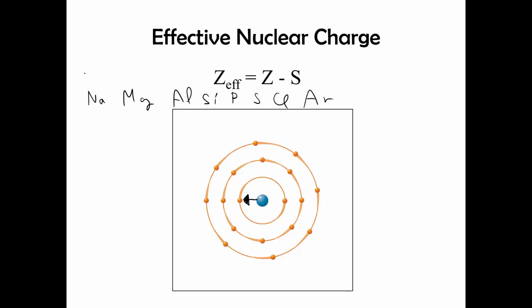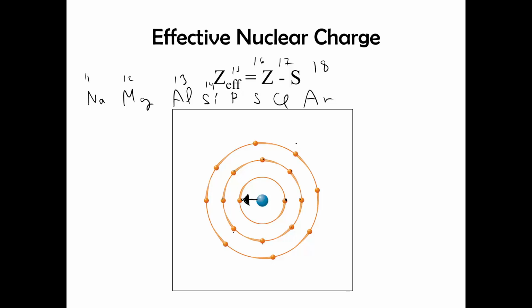And so this is 11, 12, 13, 14, 15, 16, 17, and 18 is the atomic number, right? So we have here 1, 2, 3, 4, 5, 6, 7, 8, 9, 10. That's the first shell, and then we have 11, 12, 13, 14, right?